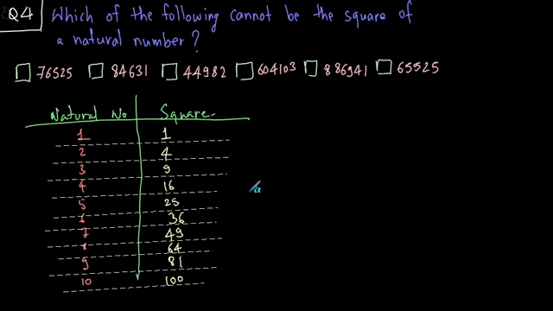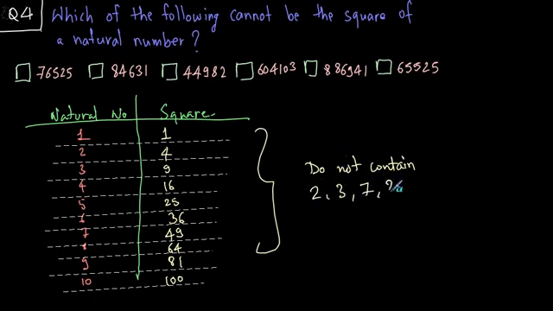And if you observe carefully, these squares do not contain the numbers 2, 3, 7 and 8 in their units place. And same is the case with the next 10 natural numbers and so on. In the options, the numbers which contain these digits 2, 3, 7 or 8 in their units place are not going to be squares of a natural number.